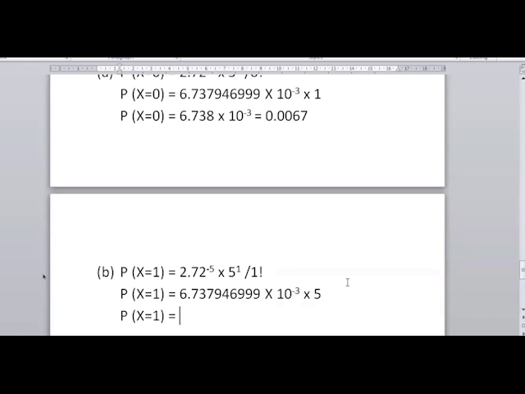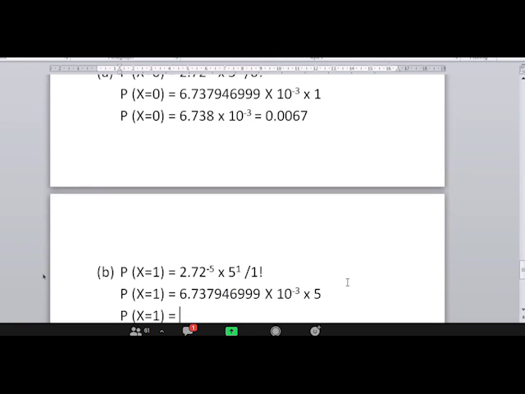E to the power negative 5 multiplied by 5. Mine is giving 0.033689735. I don't know if you found the same values as mine.